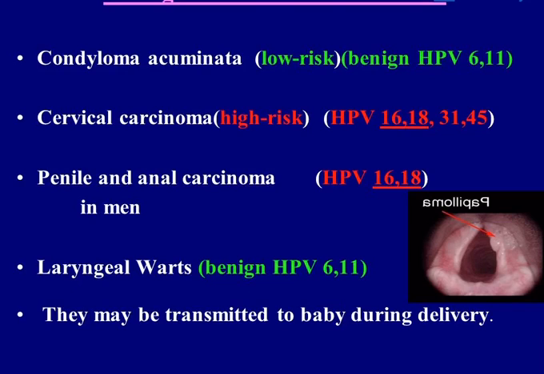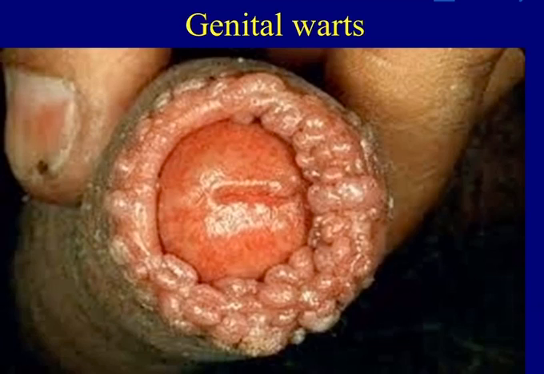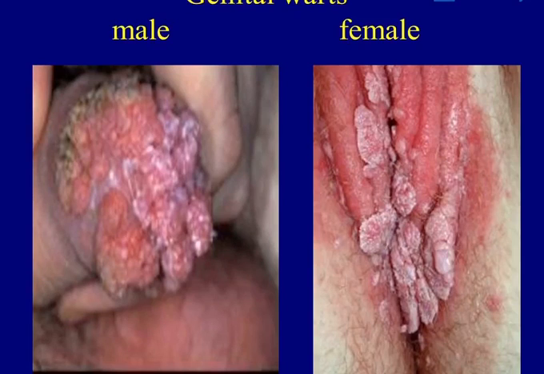Penile and anal carcinoma in men: HPV 16, 18. Laryngeal warts: benign, HPV 6, 11. They may be transmitted to the baby during delivery. Genital warts, male and female.